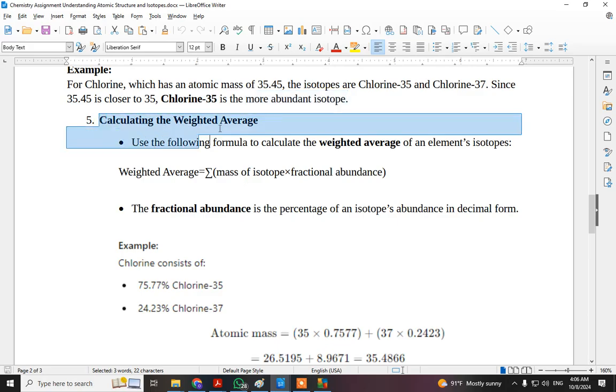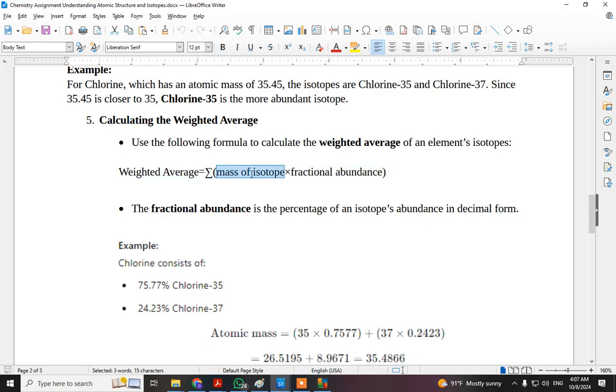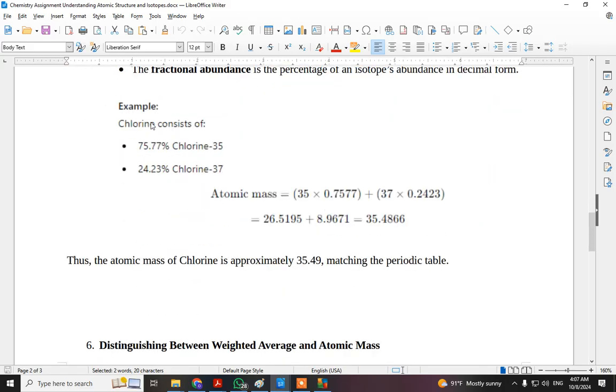In order to calculate a weighted average, you're going to add up the products, just as we talked about before, by taking the mass of the isotope and the relative abundance changed into fractional form. That is to say, changed into decimal.